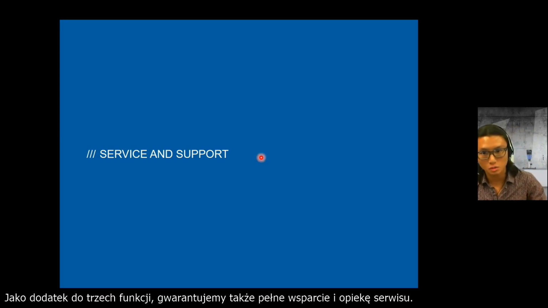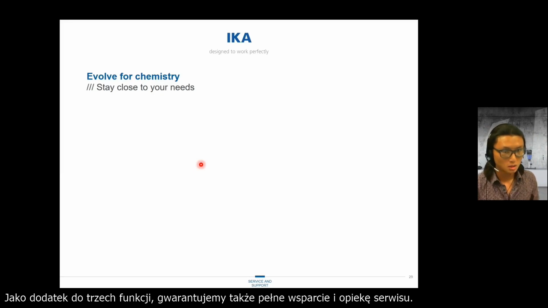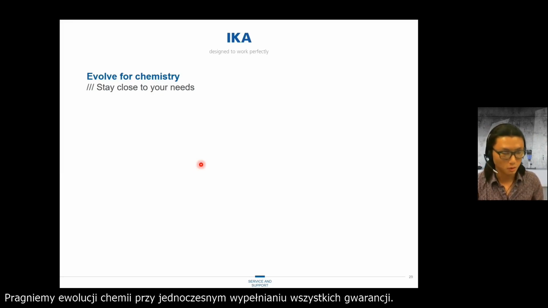In addition to the three different functionalities, we are also striving to provide you great service and support. So we wish to evolve for chemistry in addition to all the warranties we have for you.